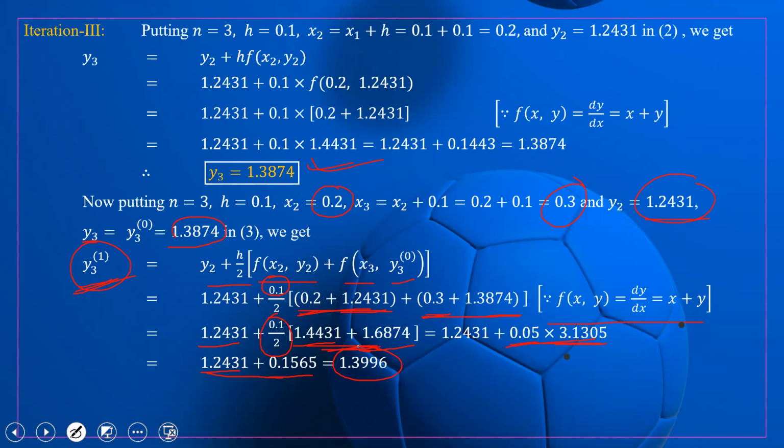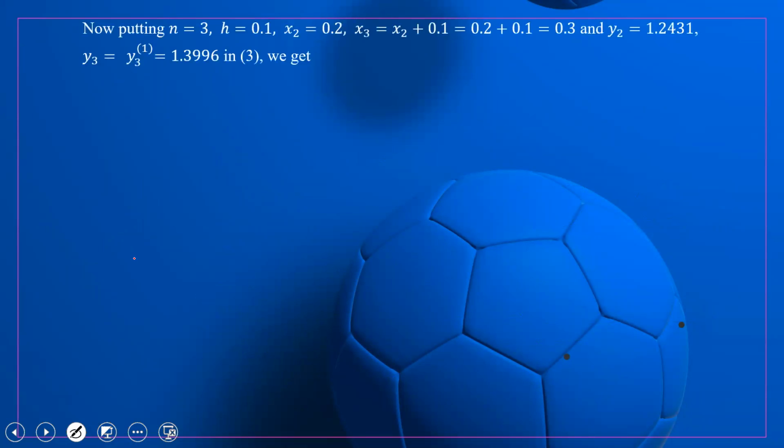So now this is what? It is the first best approximate value of y3 at 0.3, or the second approximate value of y3 at x equal to 0.3. So now we have to again calculate y3 in the second stage. Putting n equal to 3, h is equal to 0.1, x2 equal to 0.2, x3 equal to 0.3, and y2 is 1.2431. This is similar to what we took in question number 1, but this will change, only 1.3996.